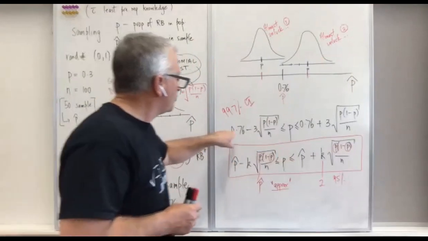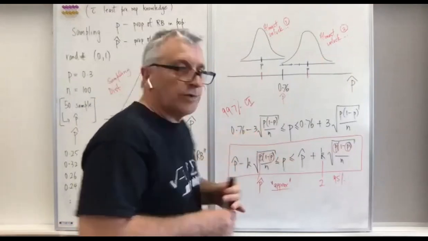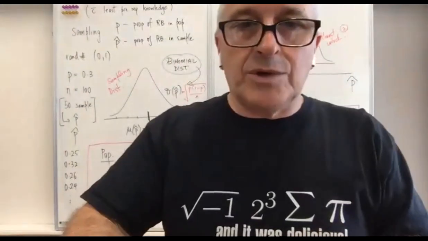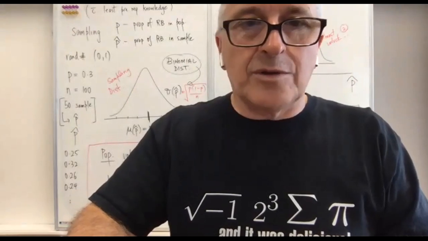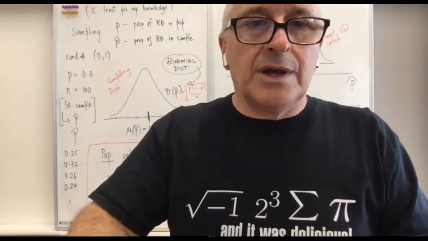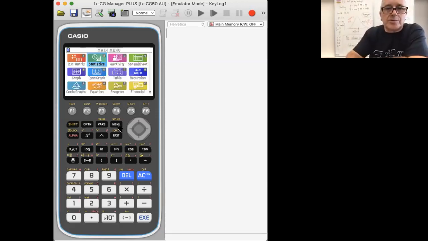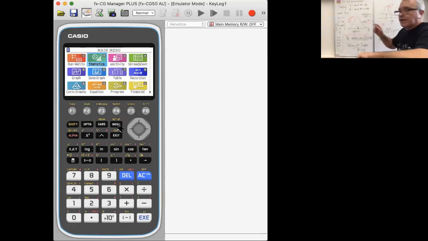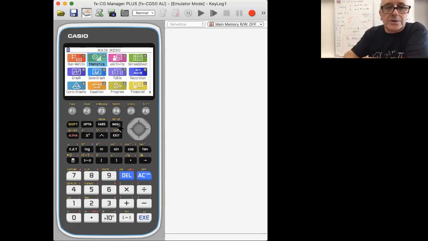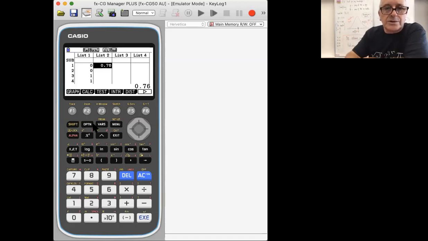In fact, I suppose we should do the computation for this, shouldn't we? We should actually do that so we can see that. So let's go back to our machine. This is probably a good place to finish. So if we wanted to do that computation, we could, of course, just plug the numbers into that formula, or we could get the machine to plug the numbers in for us.